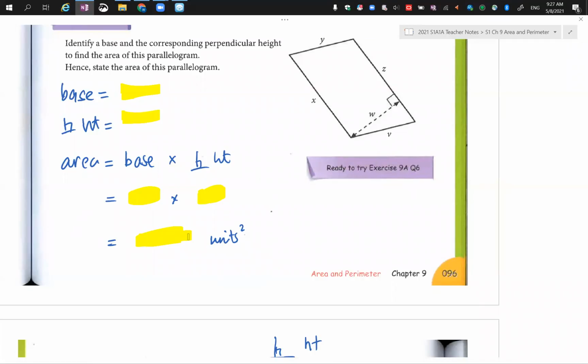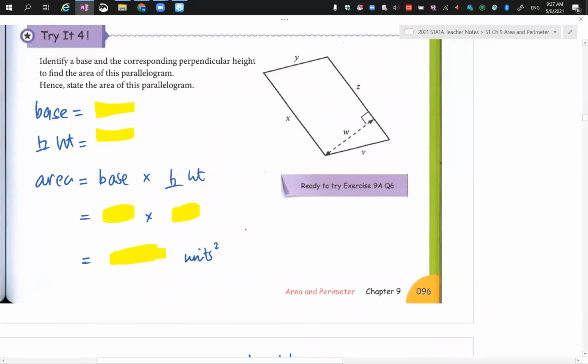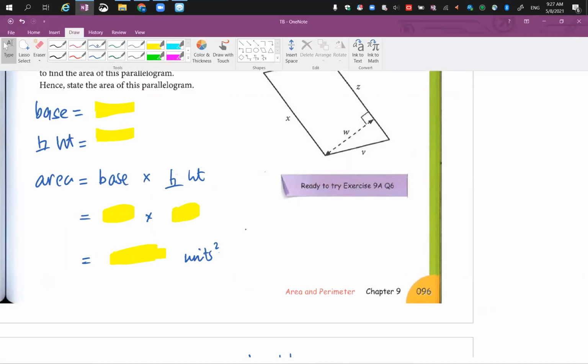Javier, which one is the base? Yeah, put letters. Sorry? Javier, which one is the base? Oh, he said X. Okay, good. X is the base.